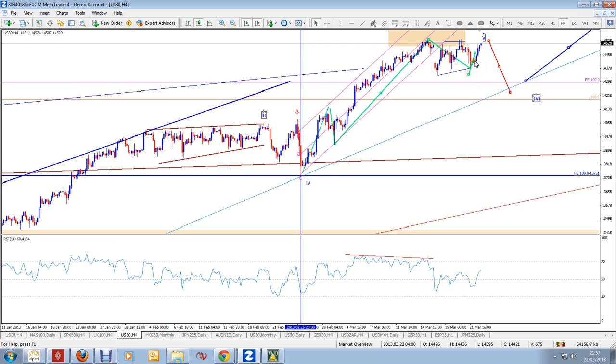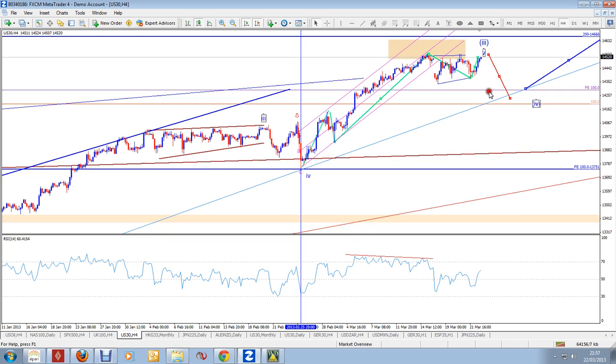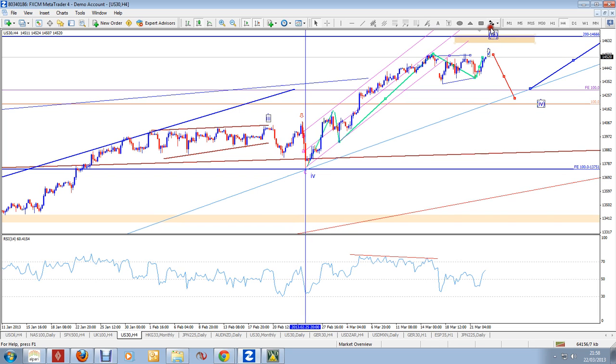So how far will that leg go? We can't be too sure other than the previous projection we applied, and we will zoom out in a moment, so hopefully some of these things will make sense.